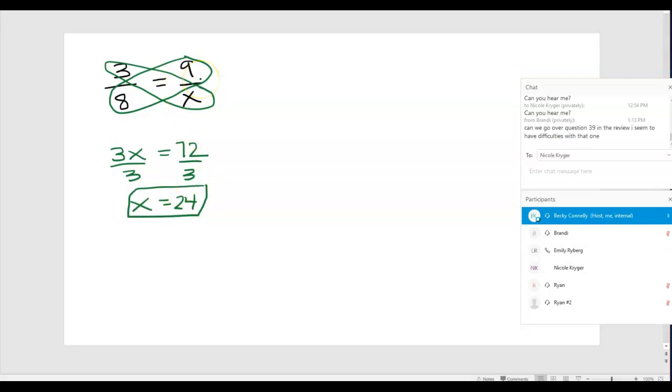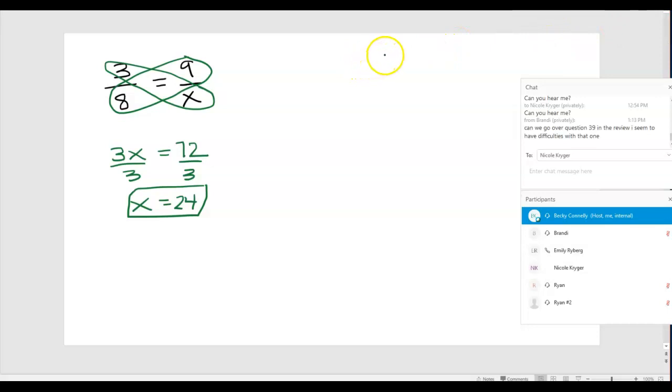And it doesn't matter if they might do something like this with decimals, or maybe even in a story problem that happens. Let's see if I can see a story problem on here. That would be good. Yeah, so let's do this one right next to it here.